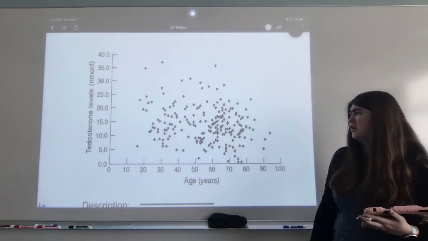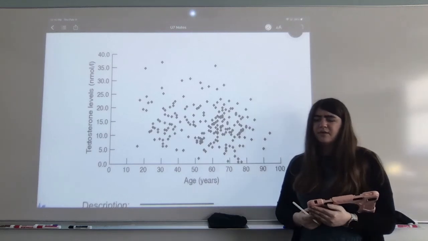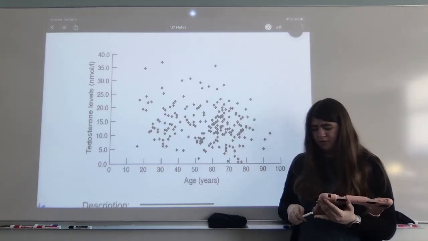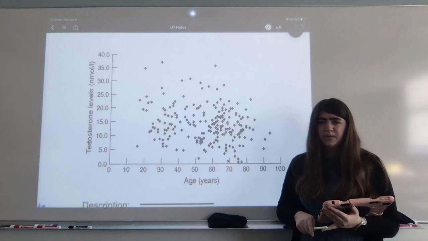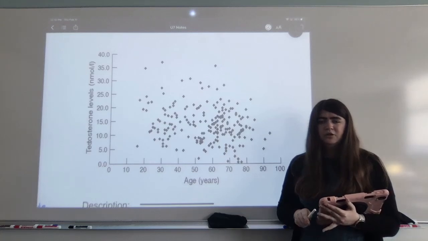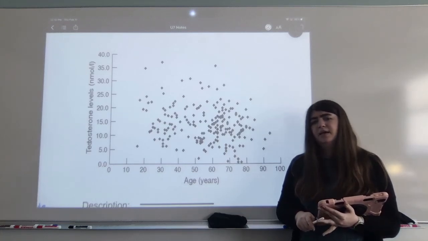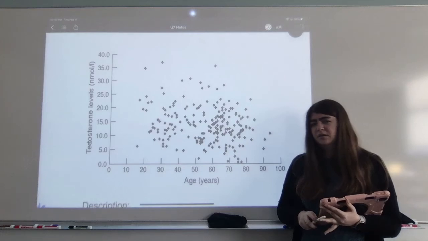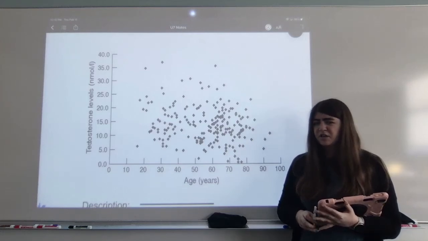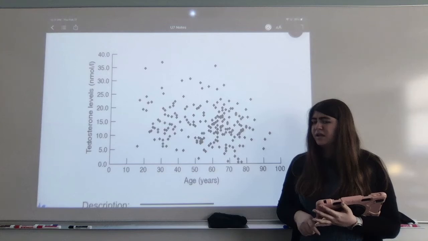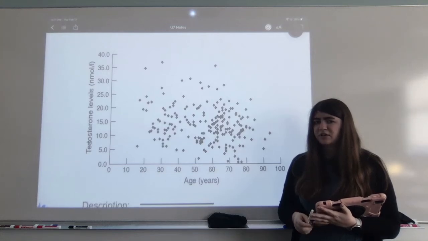It's pretty all over the place. So for our description here, as far as strength goes, it's definitely weak. We could maybe call it a negative linear association. I would say it's just a weak nonlinear association. I'm not really seeing a line.